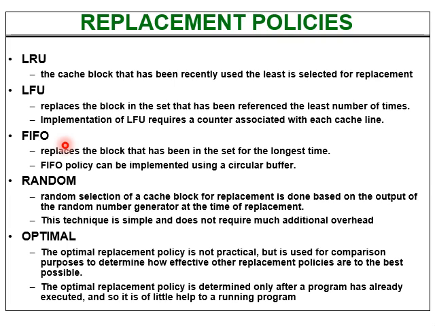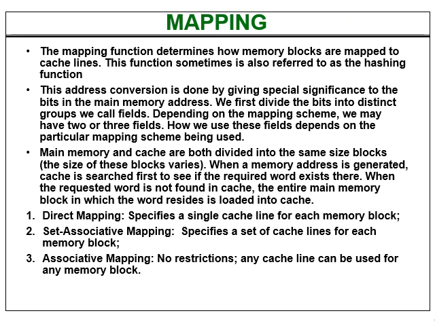We use LRU, LFU, FIFO and random, and then we compare the results to find out which one of the four is the optimal policy. So the optimal replacement policy is determined only after the program has been actually executed, and so it is of little help to a running program. This is just for the purpose of comparison. So these are the different replacement policies.